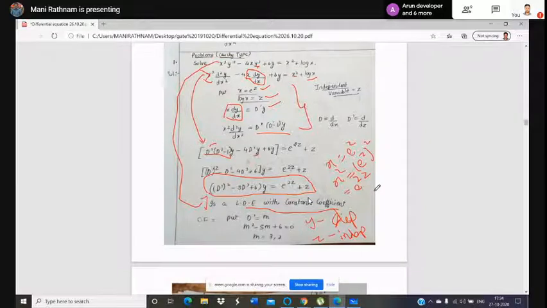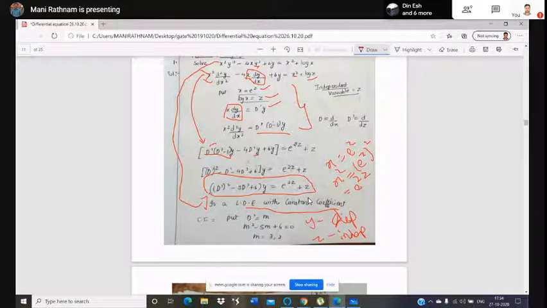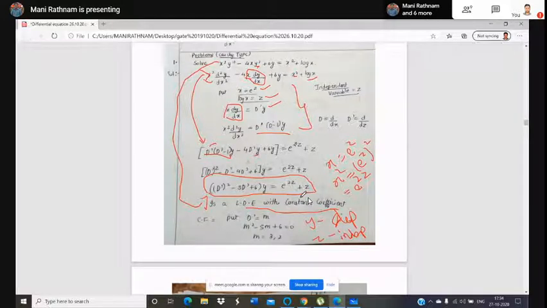Here we converted the variable coefficient equation into a constant coefficient differential equation, so the independent variable is changed from x to z.